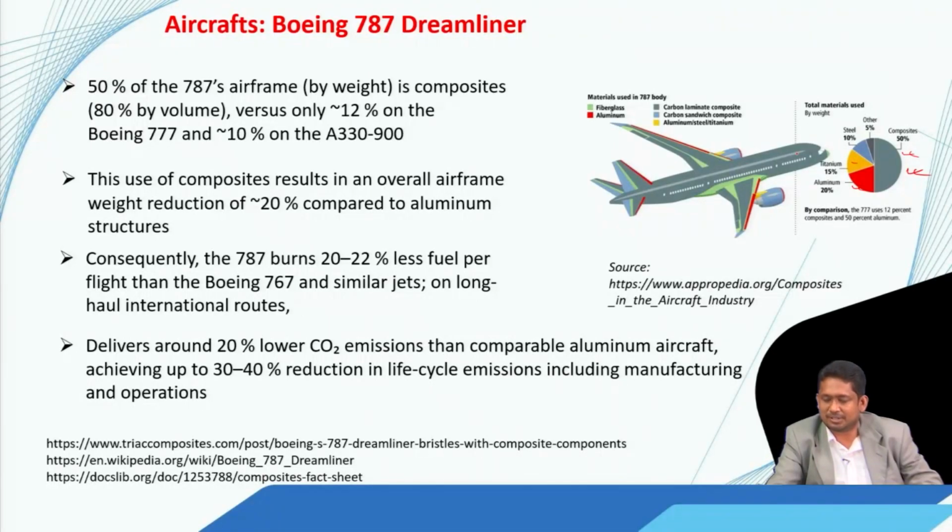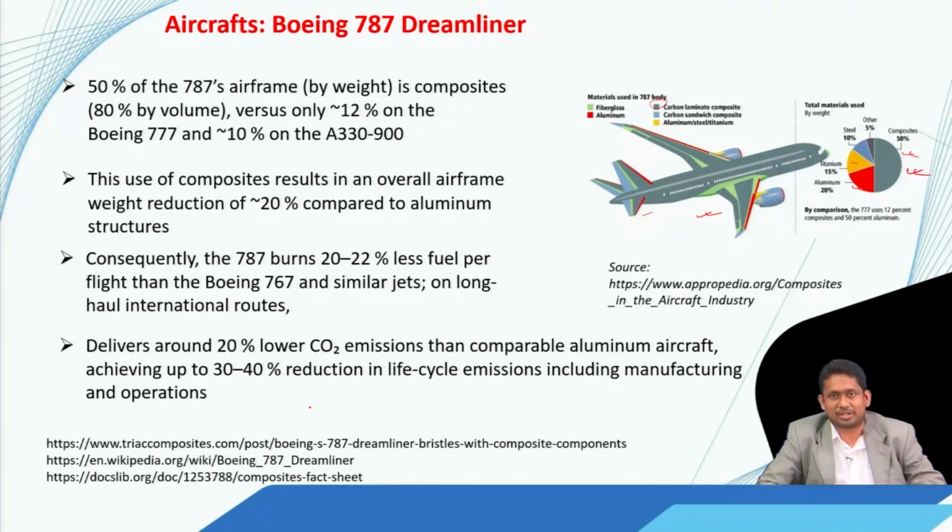And we can see the use here. This is carbon fiber. We have seen that carbon has higher modulus and higher strength, so carbon fiber is there in most of the parts. In some parts we have fiberglass, and then we can see where aluminum and other materials are used.